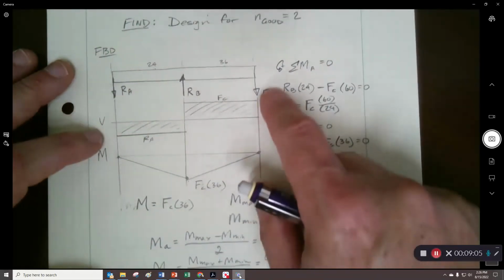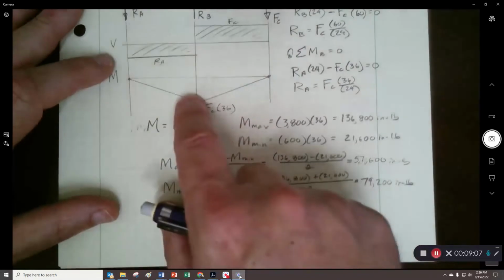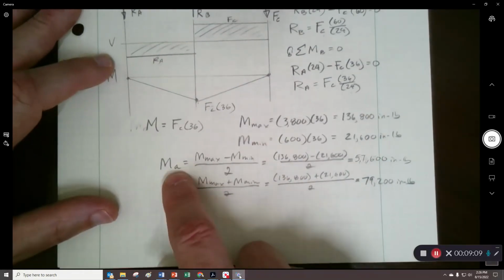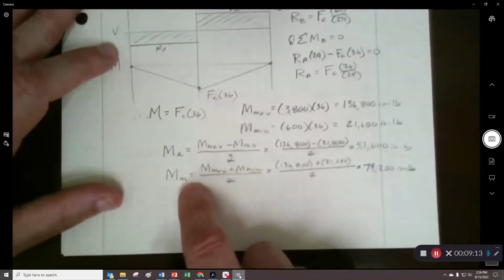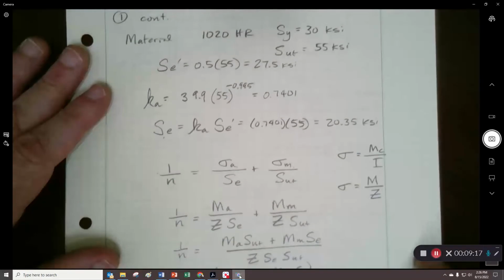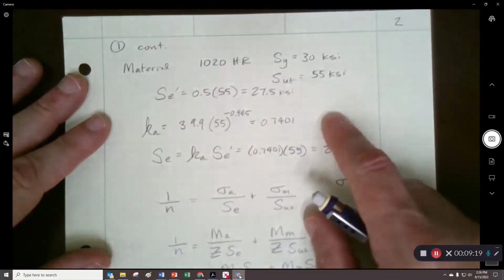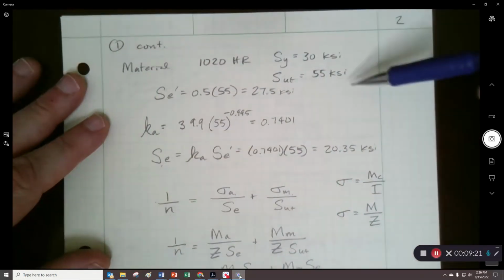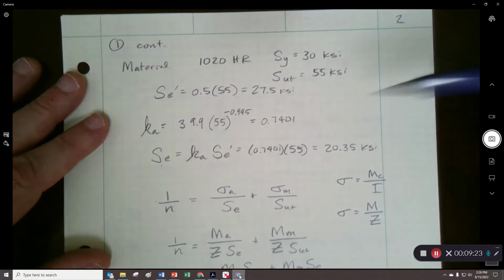And I find my reaction forces. I find what the maximum and minimum moment is going to be based on this force changing. I get my alternating and mid-range moment. I have my material. I should have written down where I got this from, a mistake, but not perfect.